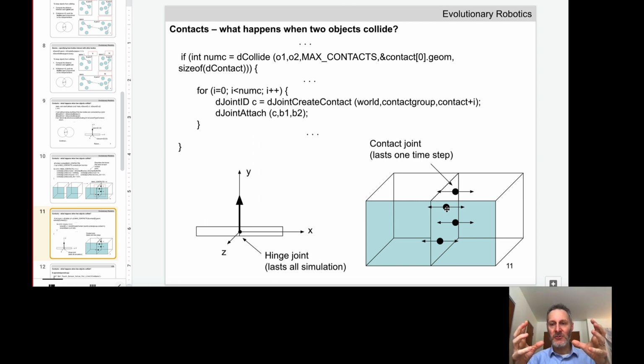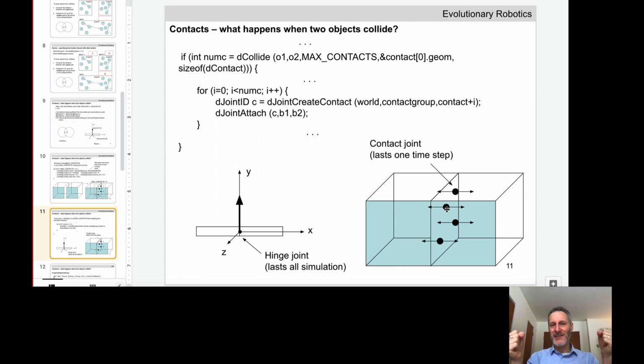But joints in general in a physics engine stop or constrain some subset of the way in which objects can move or rotate relative to one another. Just as a reminder, two objects in space have 6 different ways they can move relative to one another. They can change their horizontal distance from one another. They can change their vertical distance from one another. They can change their distance in and out of the screen from one another.